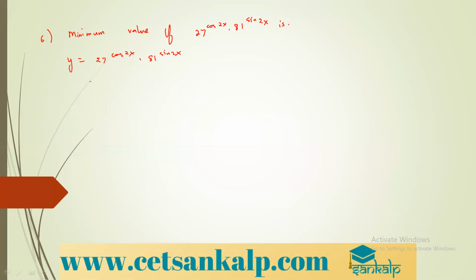I will write this as 3 cube cosine 2x and 3 power 4 sine 2x. That is 3 power 3 cosine 2x plus 4 sine 2x. This is my modified y.